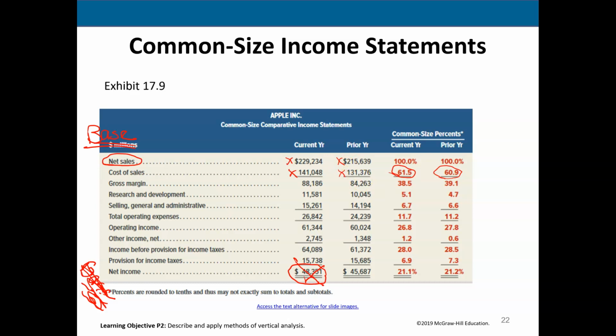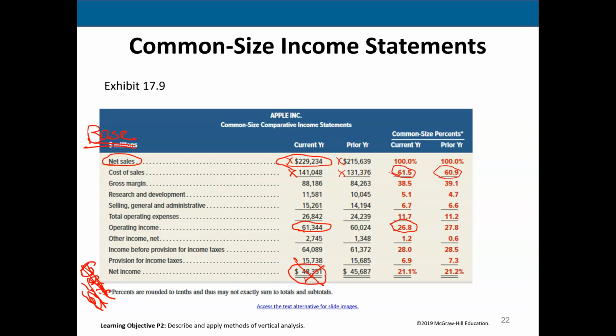Okay, let's look at one more item. Let's look at operating income for 2020. Let's say that's the current year. Operating income is 61,344. Divide that by net sales, because net sales is the base, and you get 26.8%.